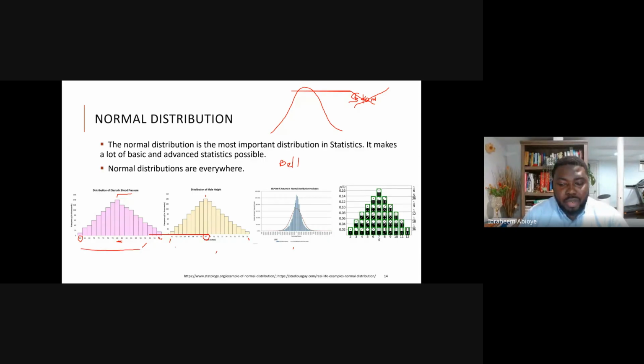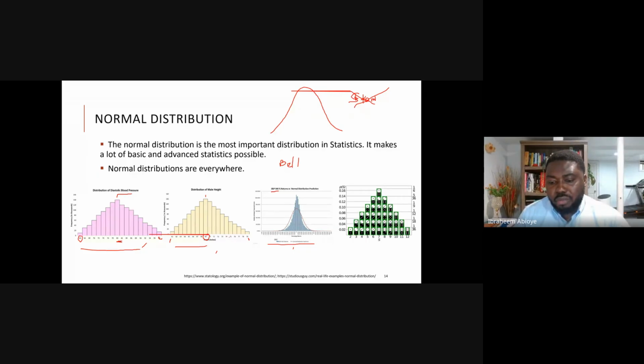This is broad-based, but we have this narrower normal distribution, and this is the returns from the S&P 500. If you know the stock market, maybe you'll be familiar with this concept. But this is a narrower normal distribution.